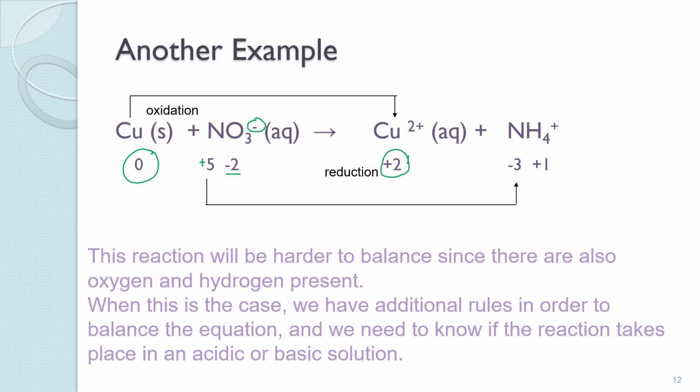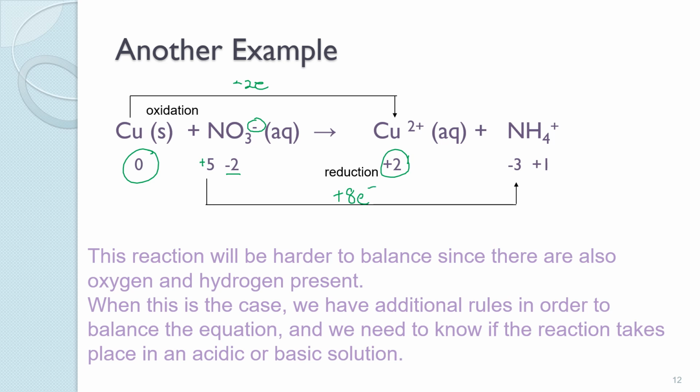And just keep this in mind because it helps you when you're doing these, that you can get a number in your head. In order for nitrogen to go from a +5 to a -3, how many electrons does it have to gain? Well, to get down to 0, it has to gain 5 electrons and then another 3 electrons. Nitrogen has to go from +5 to -3, it has to gain 8 electrons.